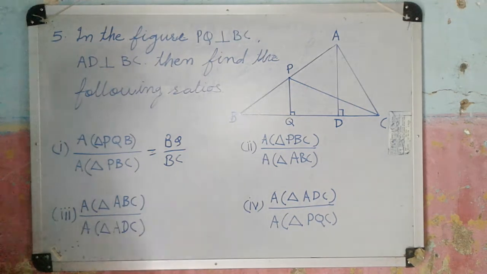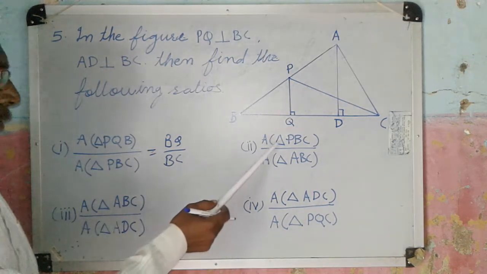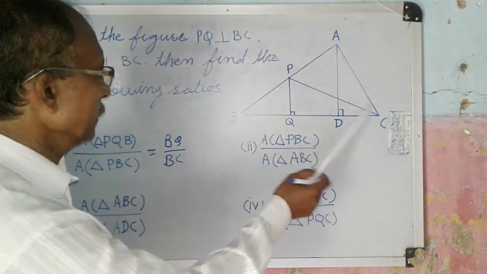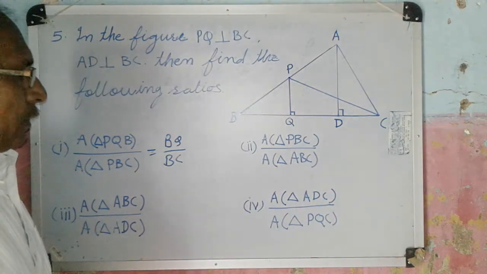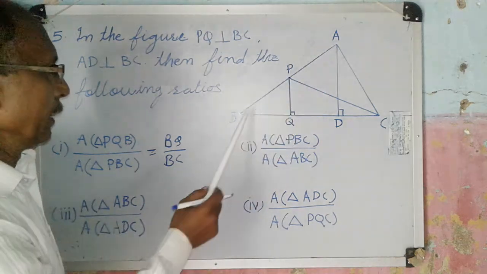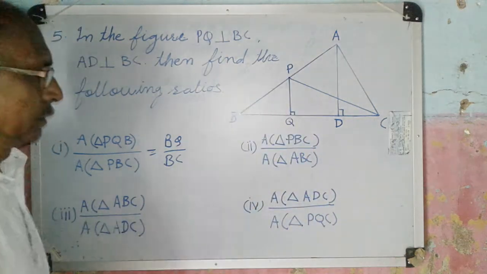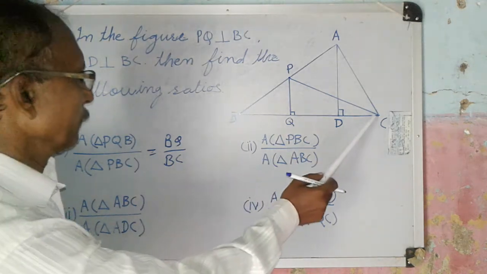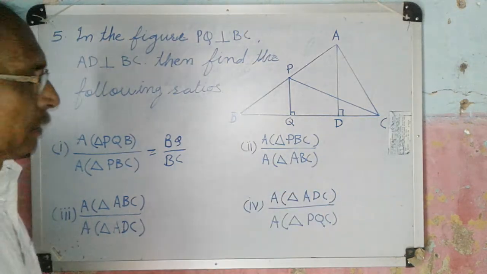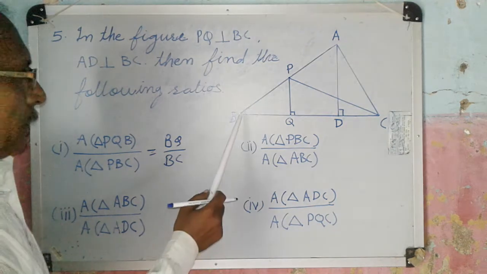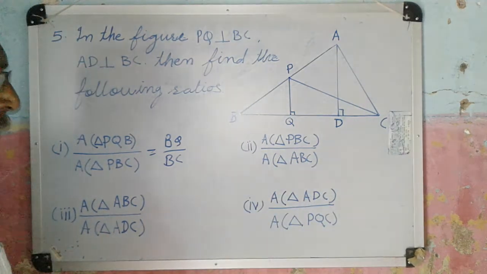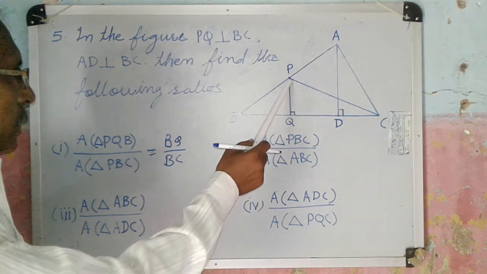Now in second, triangle PBC and triangle ABC. Now both the triangles are of equal base. That means both the triangles have base BC and their heights are different.